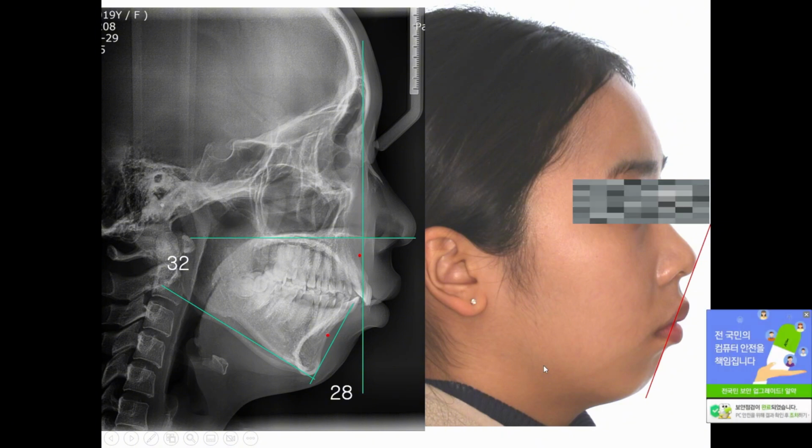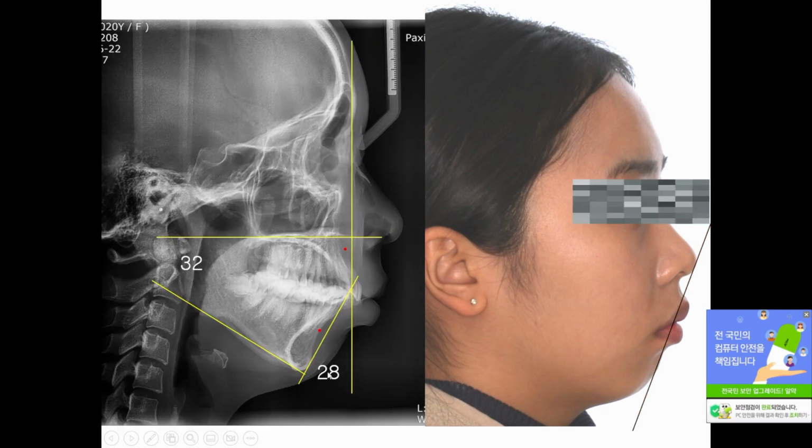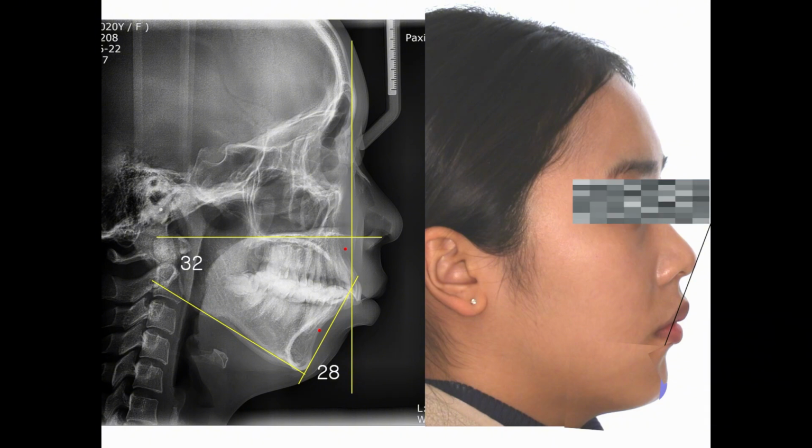So your result, this patient has bad structure and thin tissue, okay? So I refer her to the plastic surgeon for this approach. You don't need orthodontic treatment.